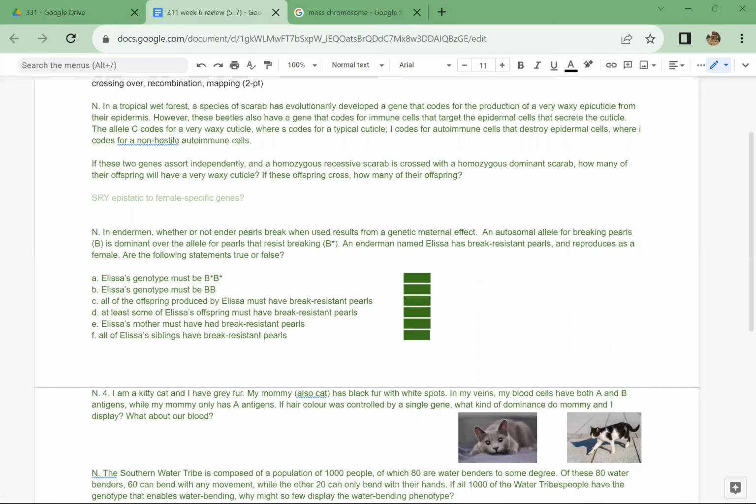And so we have a species of scarab that has evolutionarily developed a gene that codes for the production of a very waxy epicuticle. Scarabs are beetles from the order Coleoptera. These beetles also have a gene that codes for immune cells that target the epidermal cells that secrete the cuticle.